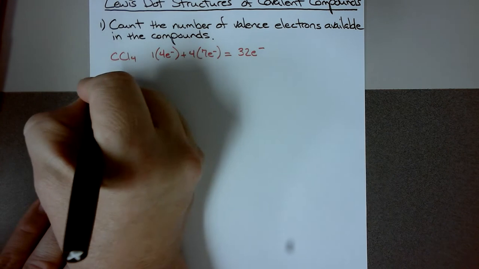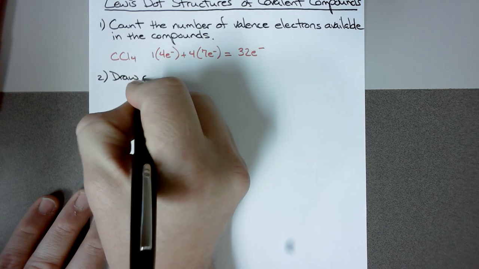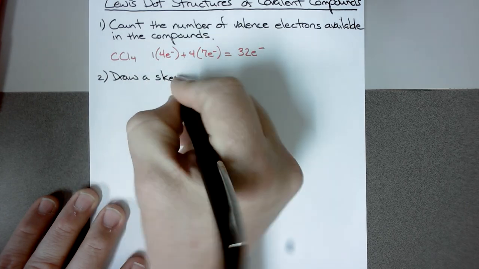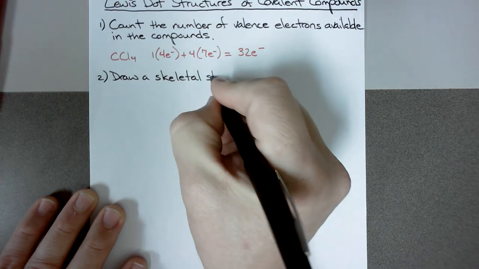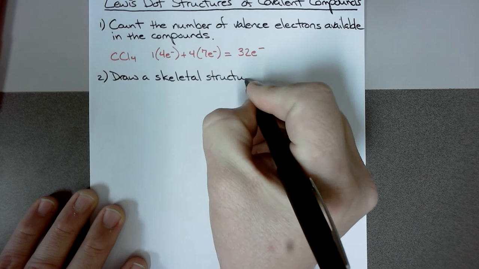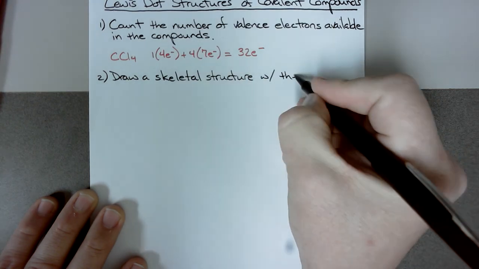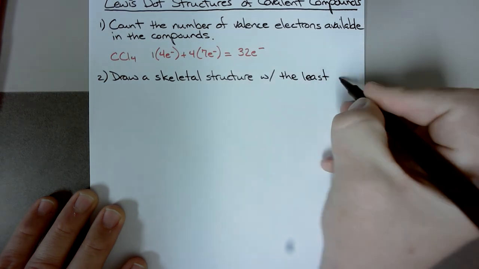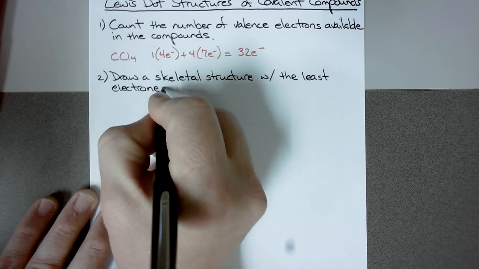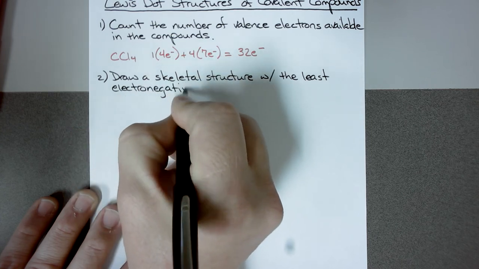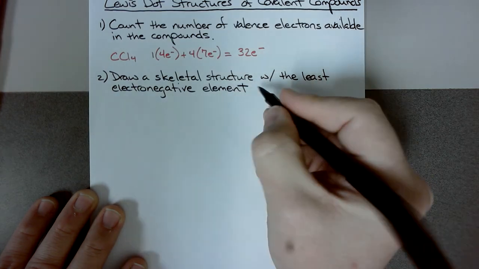Okay, so the next step would be to draw a skeletal structure with the least electronegative element in the center.